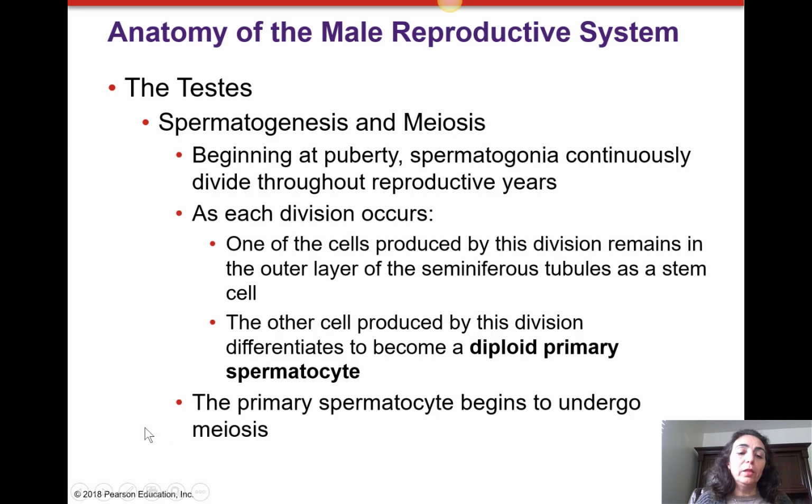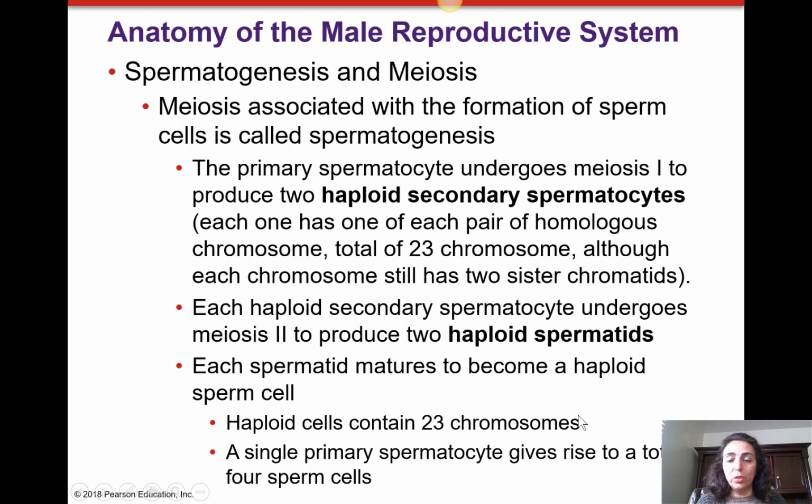Right? The primary spermatocyte begins to undergo meiosis. For meiosis, if you remember, we have two phases, meiosis 1 and meiosis 2. Meiosis associated with the formation of the sperm cell specifically is called spermatogenesis, as we said.